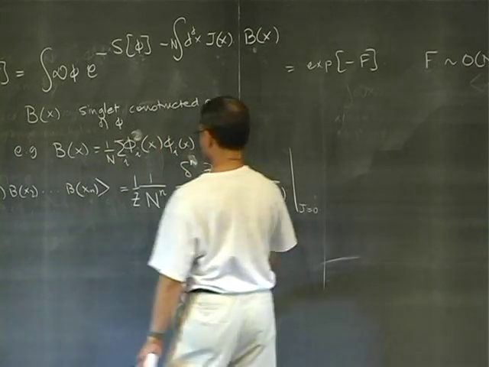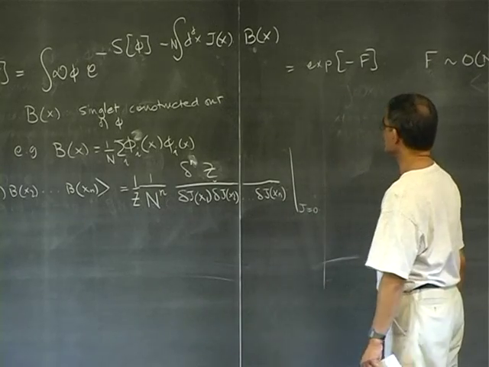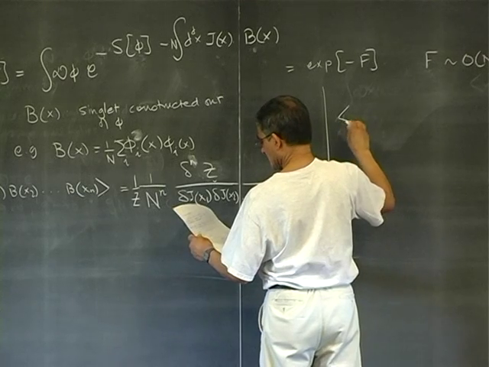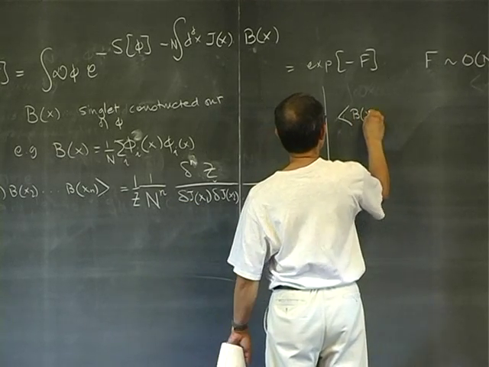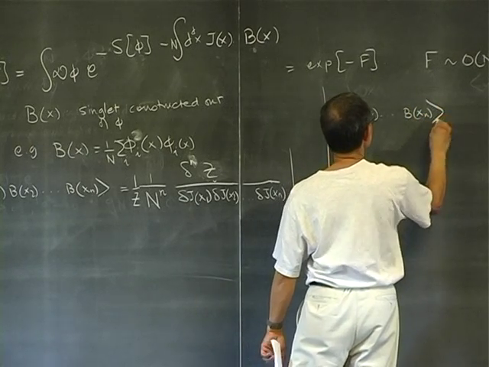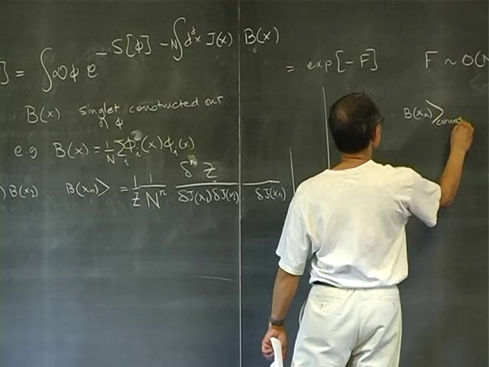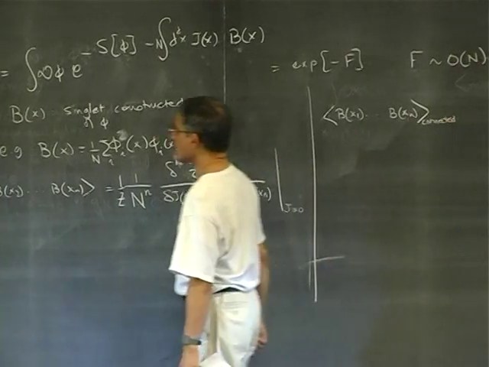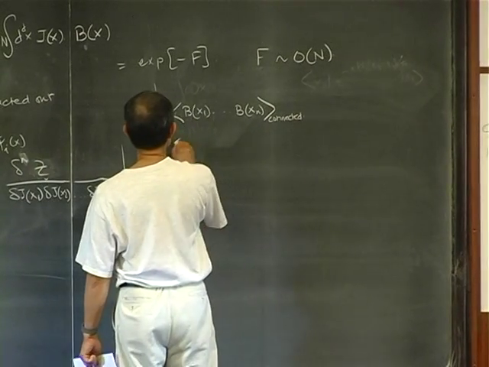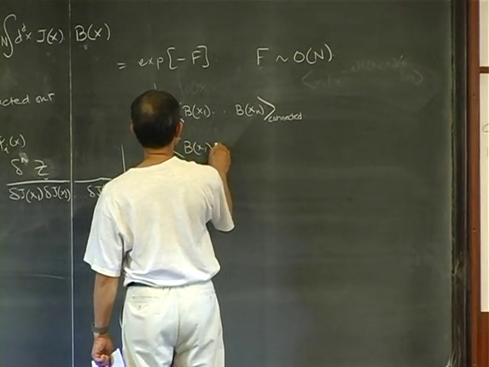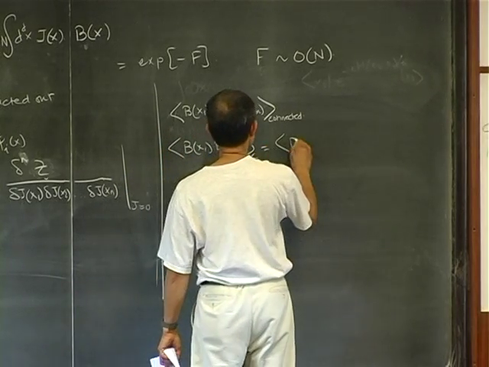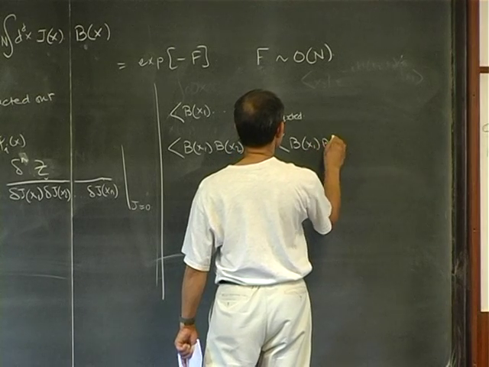Sorry, I should actually just say, there is a notion of what is called a connected correlation function. For example, the connected correlation function of phi x1, phi x2 is the full correlation function.